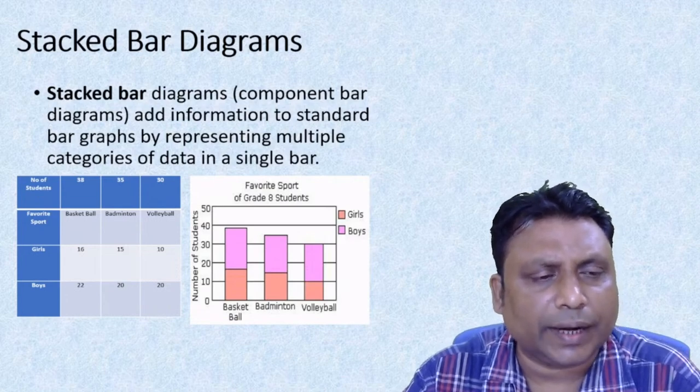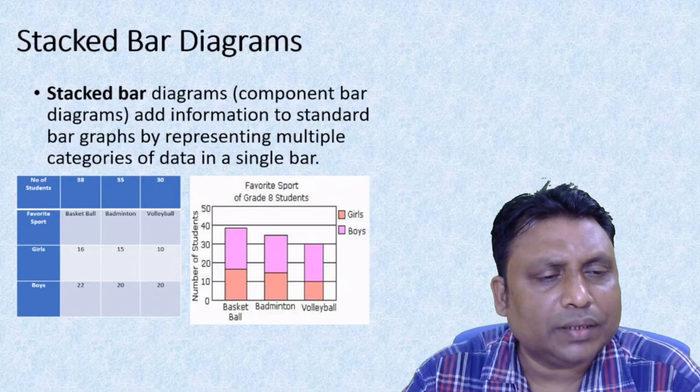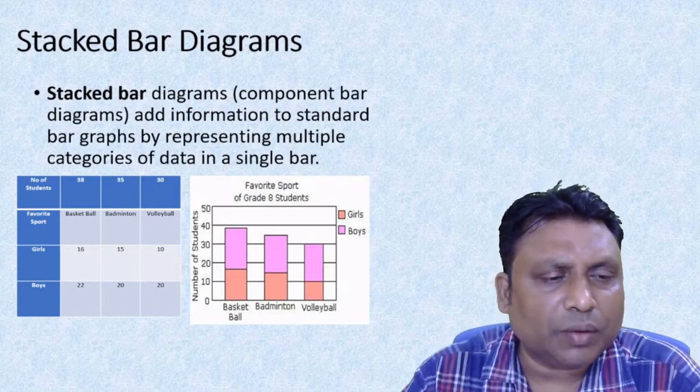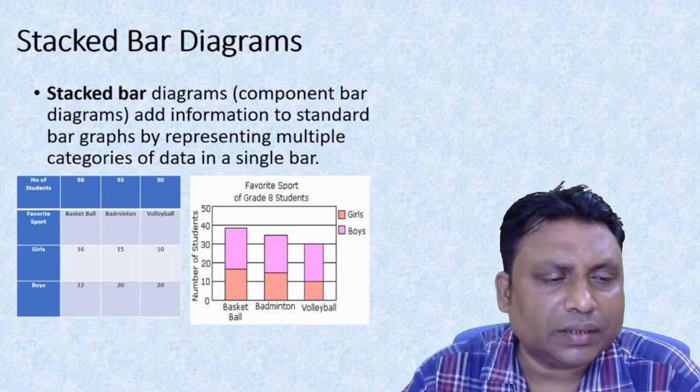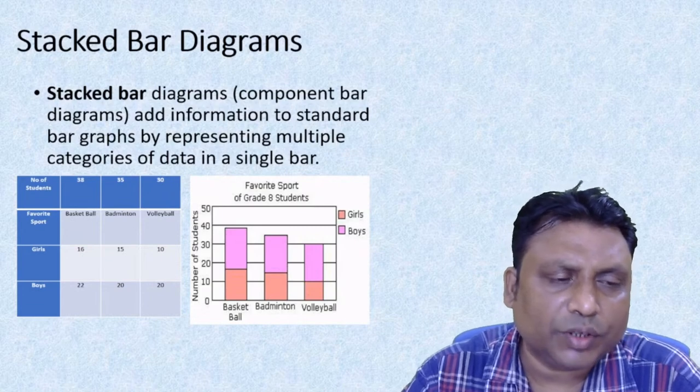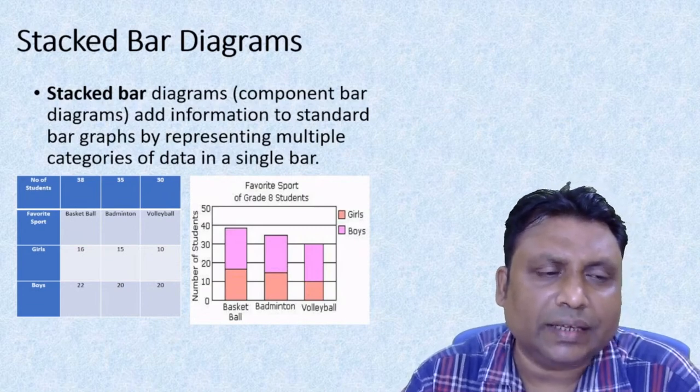So here you see the number of students is how many? 38, 35, and 30. Favorite sports: basketball, badminton, and volleyball. How many girls? 16. How many boys? 22. That means there is so much data here.